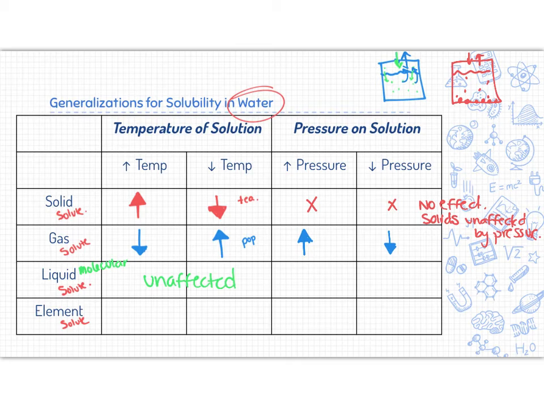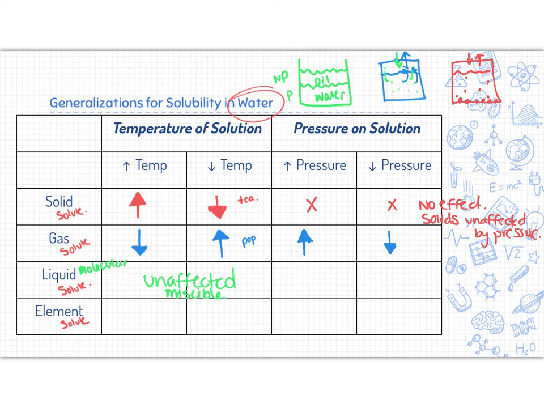This is because liquids are simply miscible, meaning they can mix in any proportion. The reason is, if we think about oil in water, it doesn't matter what I do to the temperature, oil and water will still never mix because we have a nonpolar and a polar liquid.